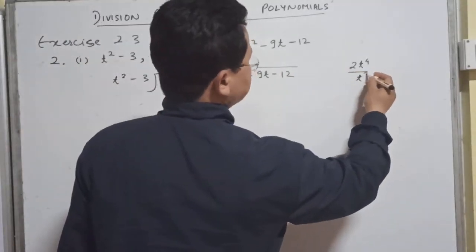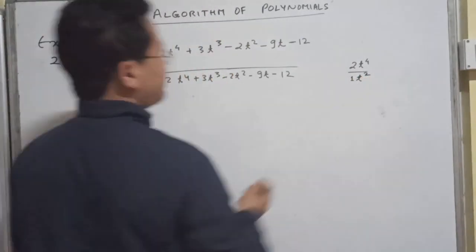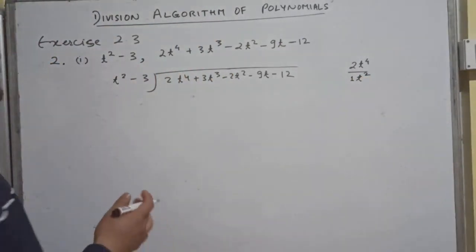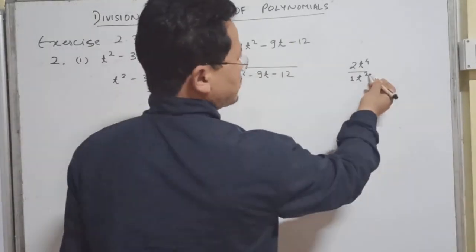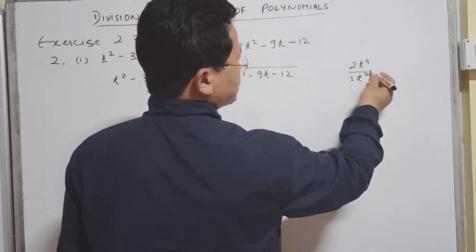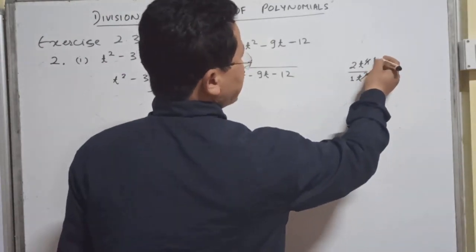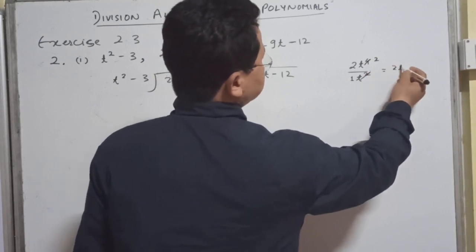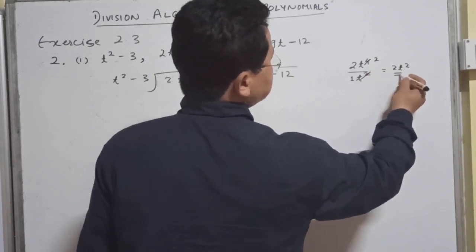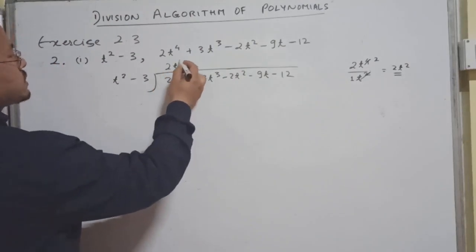So we have t square, it doesn't have any coefficient, that is it has 1. If it has some other coefficient, put that coefficient as well. Now here we have power 2, here we have power 4, so the powers subtract and we have 2. So we have 2t square. Now this is the quotient, so we put 2t square.